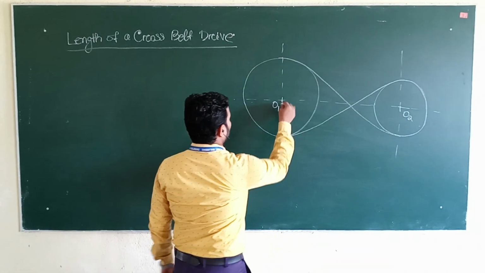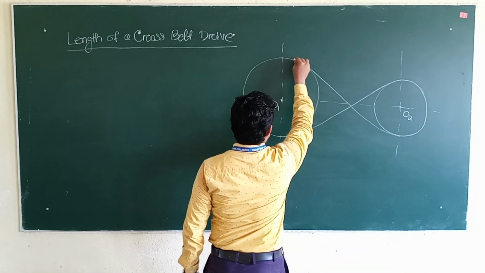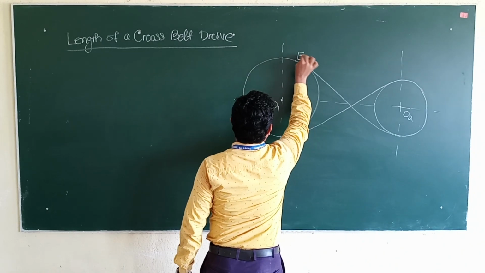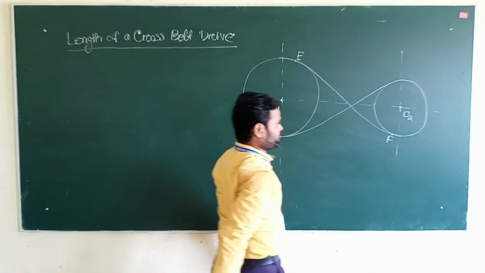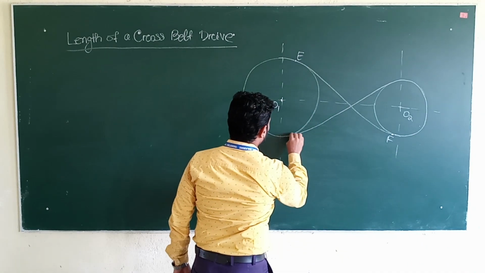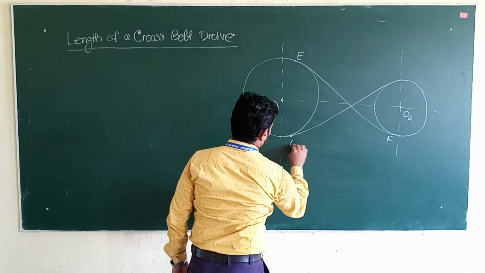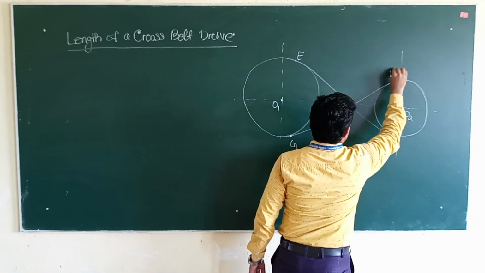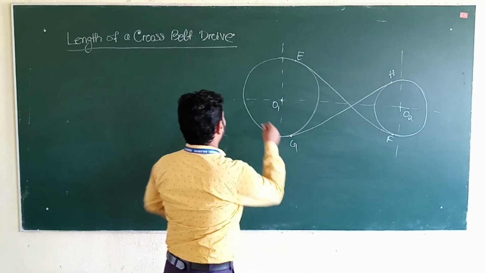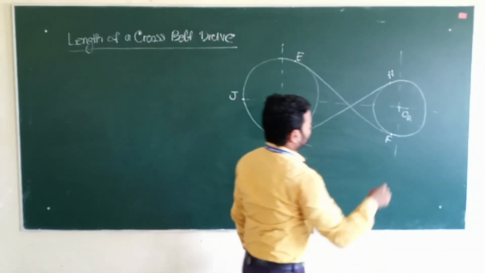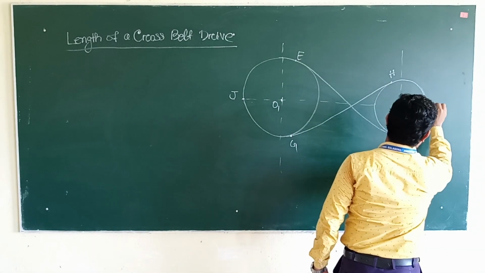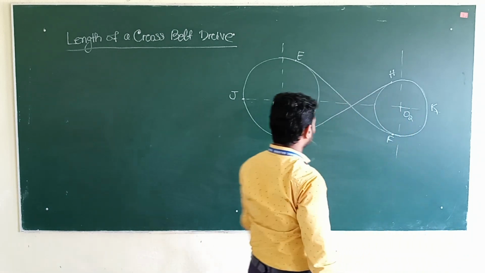Here we will see the belt leaves the larger pulley at capital E and enters the smaller pulley at capital F. Similarly, on the other side the belt enters at G and H. And the left side point of the larger pulley is J, and the right side point of the smaller pulley is K. Right?